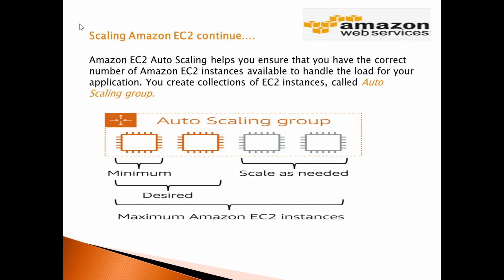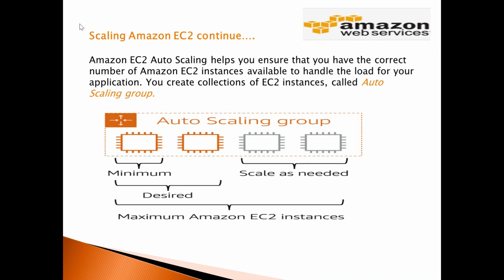When you create a group, you can set a minimum number of EC2 instances. The minimum capacity is the number of Amazon EC2 instances that launch immediately after you have created the auto scaling group.